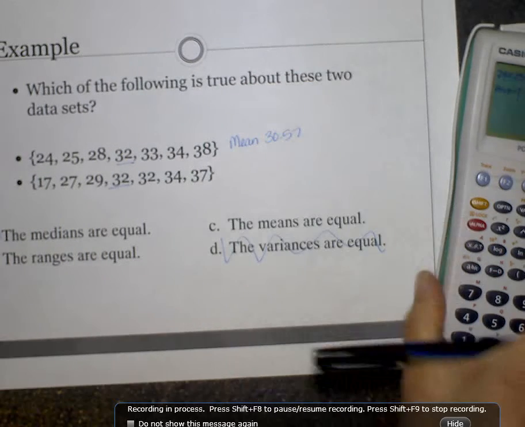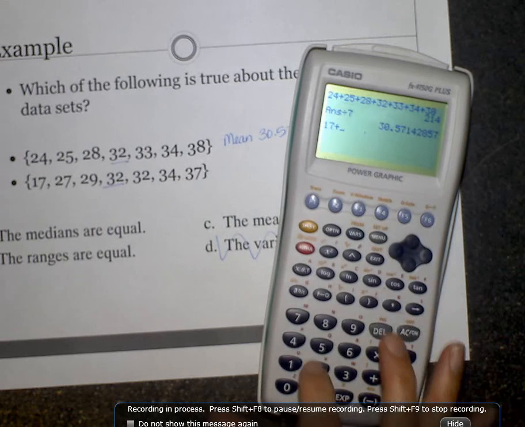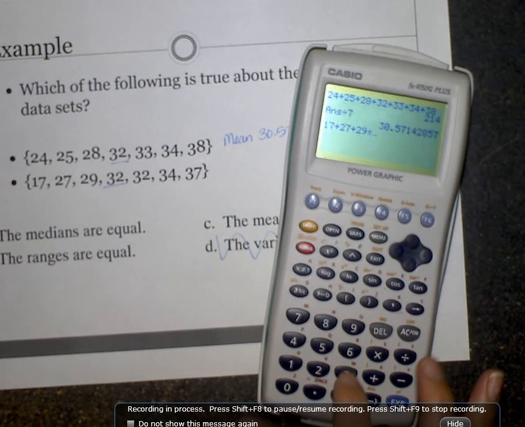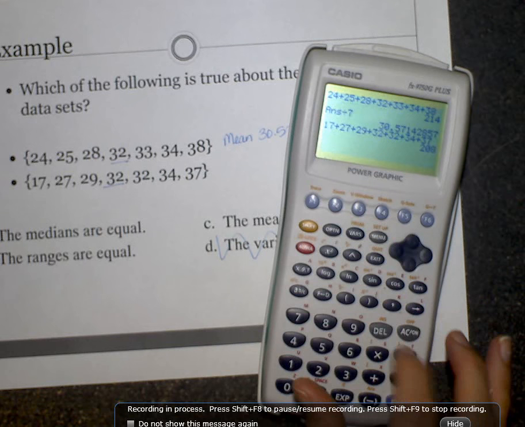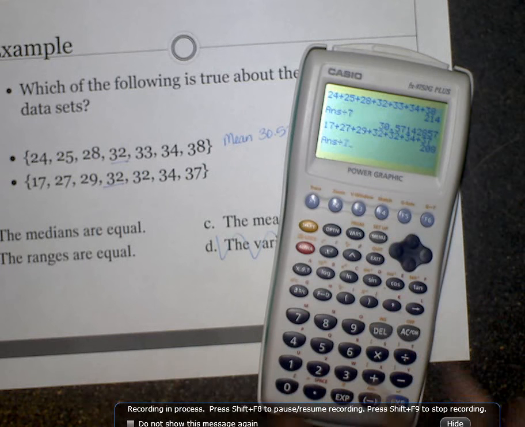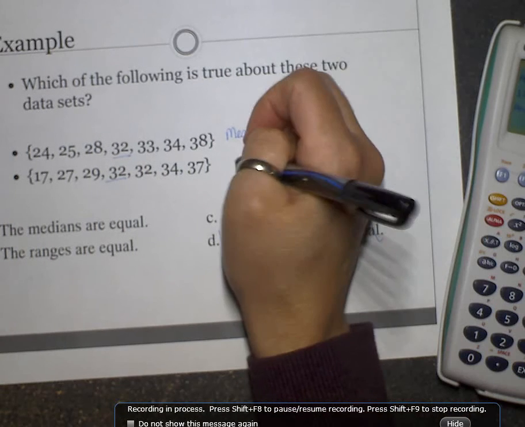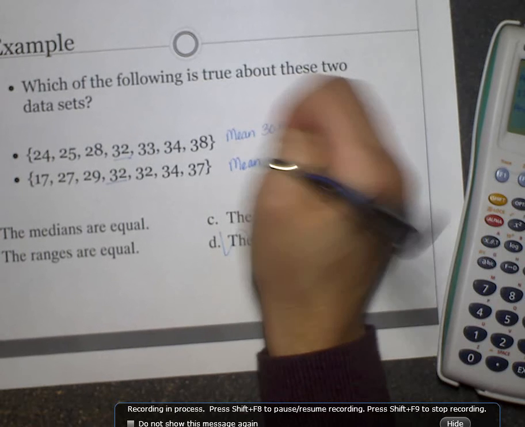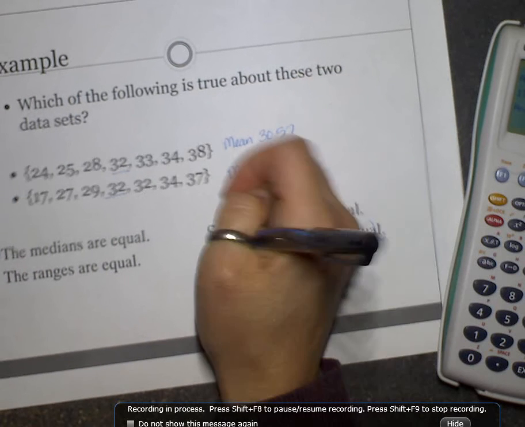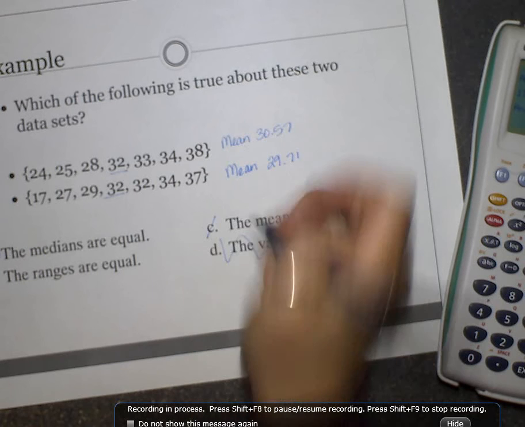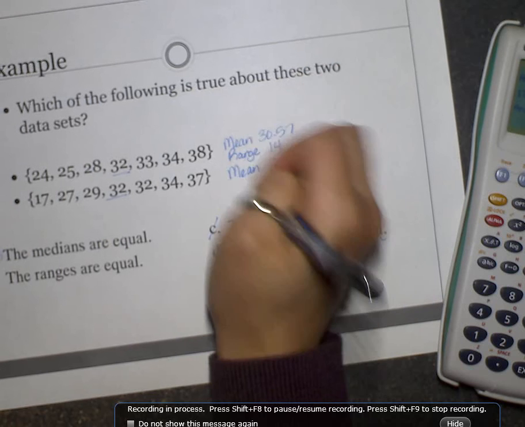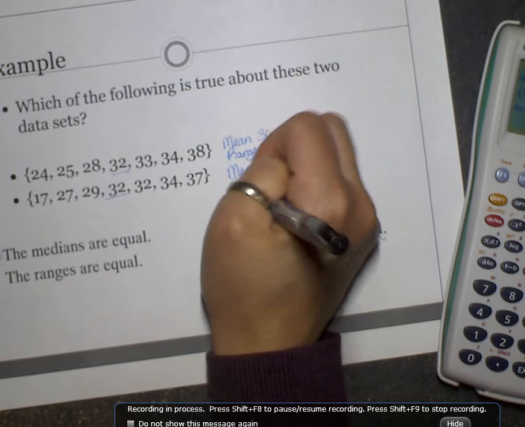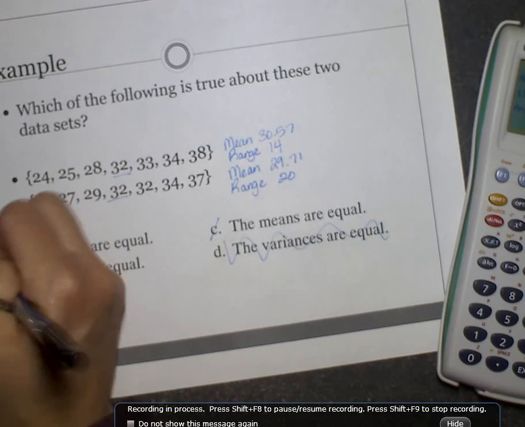For the second set, 17 plus 27 plus 29 plus 32 plus 32 plus 34 plus 37, and dividing that by 7 numbers, I have a mean of 29.71. So it's not that. Ranges, 38 minus 24 is 14. 37 minus 17 is 20, so it's not the ranges.